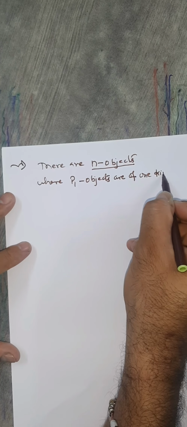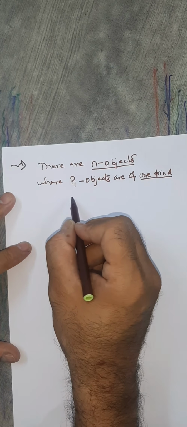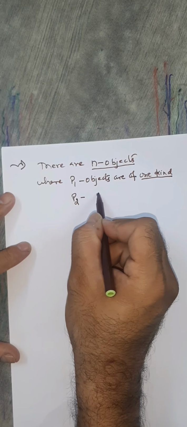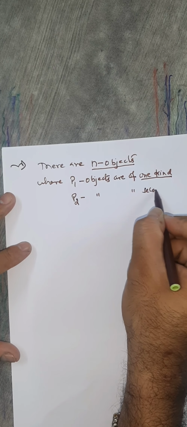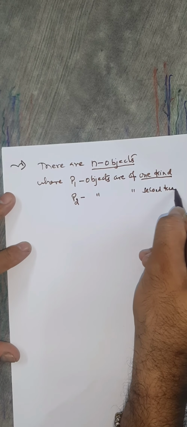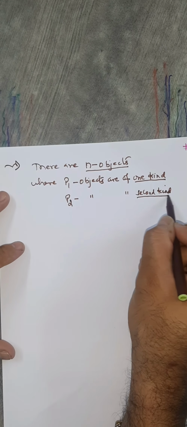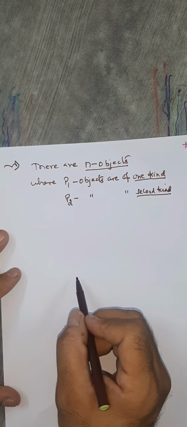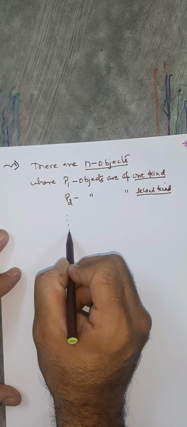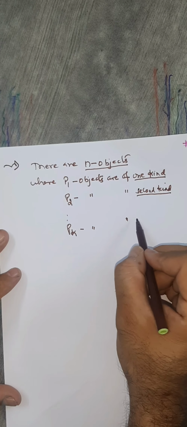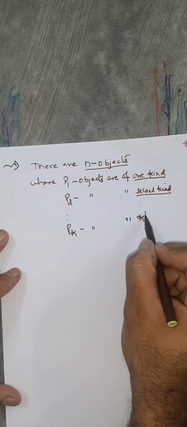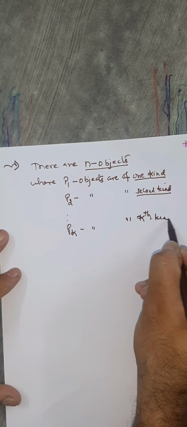These are all similar. P2 objects, number of objects P2, are of similar kind, the second kind, and others are of some other type. Like there, 1 repeated twice, that was one kind, 2 repeated twice, and so on. Suppose PK objects are of kth kind in general.